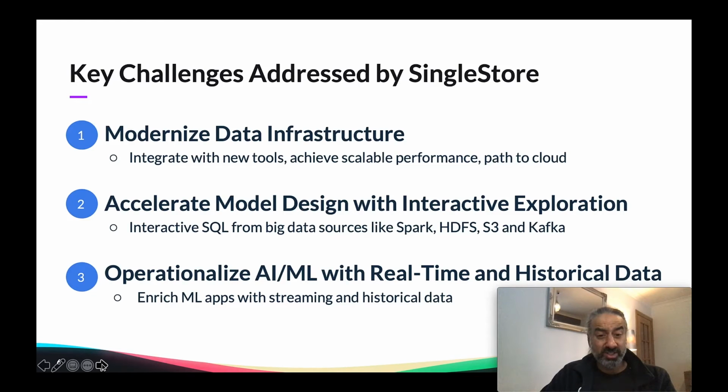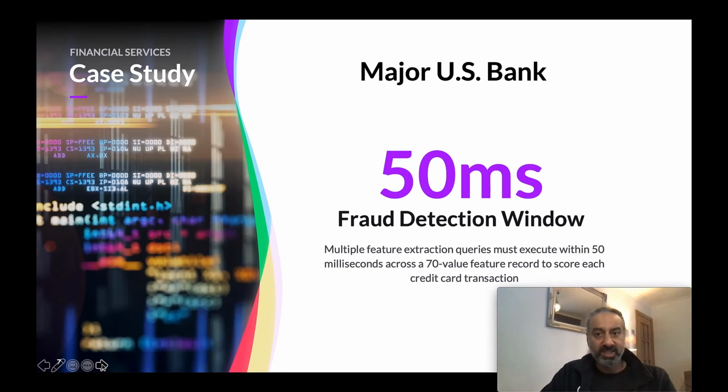Before we get to the demonstration, I've gone through a lot. I've talked about some of the mixed workloads of data, some of the areas of focus for SingleStore. I wanted to share with you where we've done this already. This is a great case study for us, one of the major US banks. This is all around machine learning for picking up fraudulent transactions.